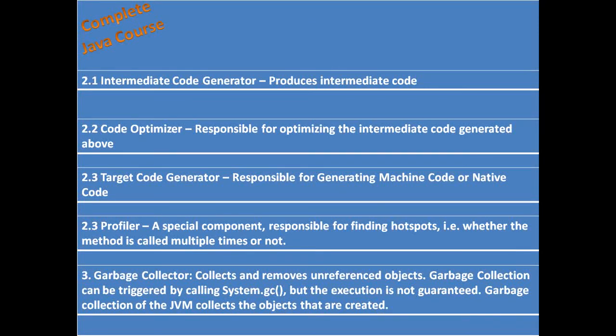There is a method gc. So you can call the gc method of the System class for calling the garbage collector. But the execution is not guaranteed. Garbage collection of the JVM collects the objects that are created. When you call the gc method of the System class, it does not call the garbage collector immediately, but yes, it will call the garbage collector.